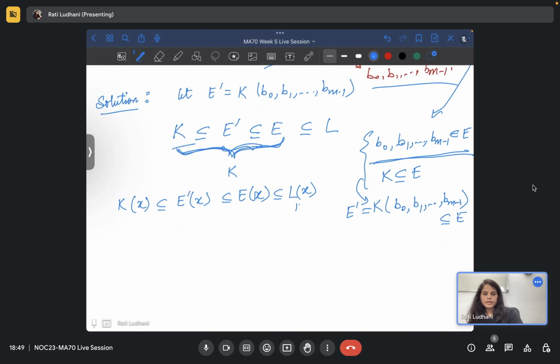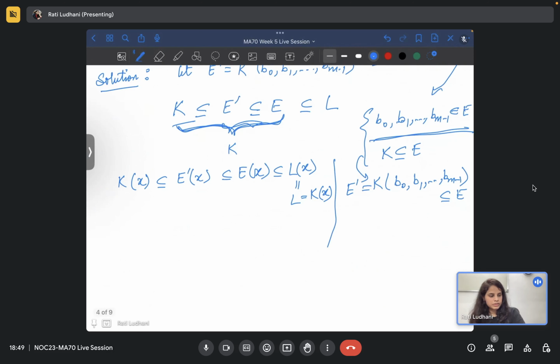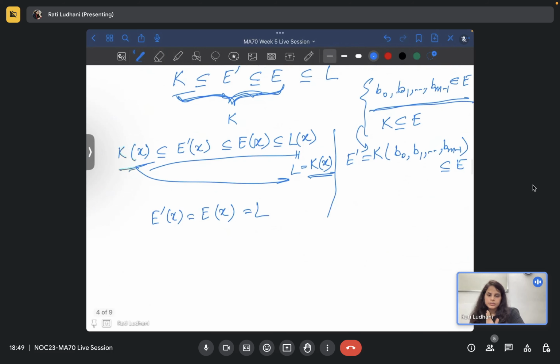L(x) is itself just L, since x is an element of L. And this is K(x) itself, from the definition of simple extension. So these are the same: E dash(x) is equal to E(x) is equal to L. All these things have to be equal, right?